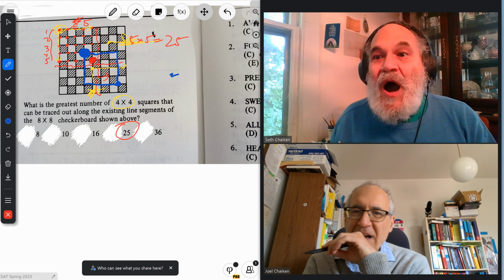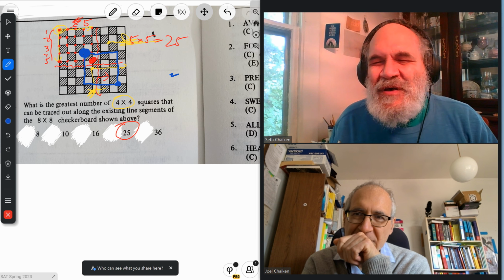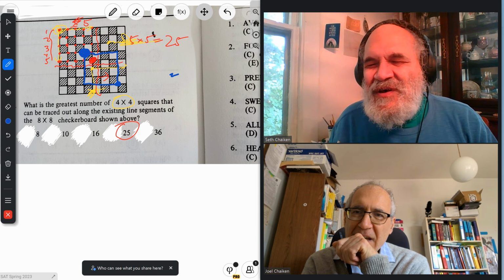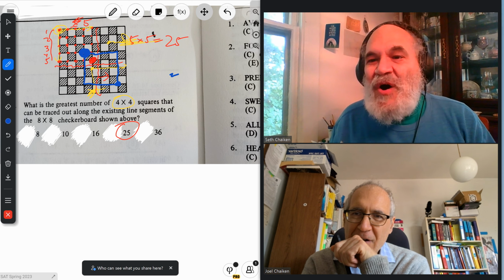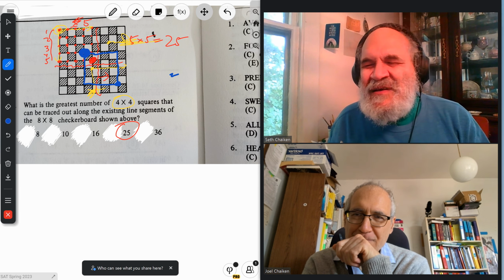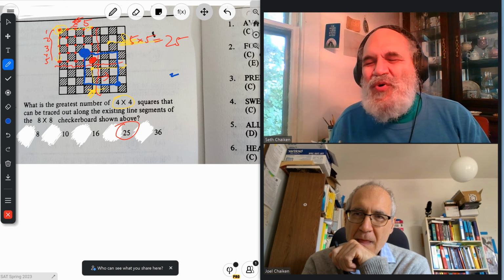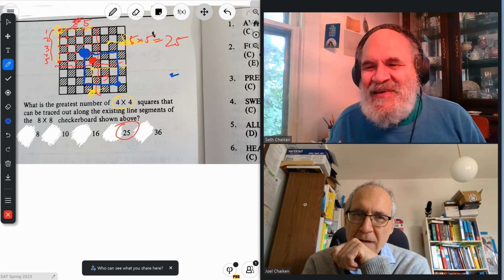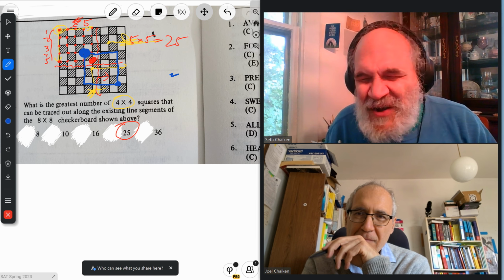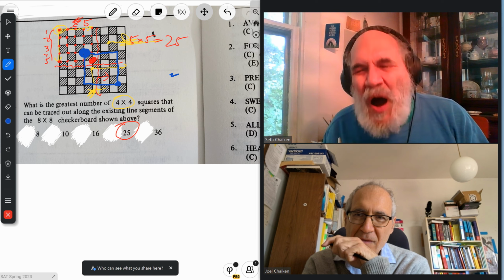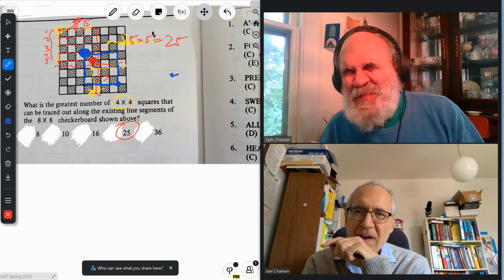Upper left. Lower right. Upper right. Lower left. Very smart. So I am characterizing a 4x4 square by a specific point, not an arbitrary corner like you did, but the upper left corner. Very smart.